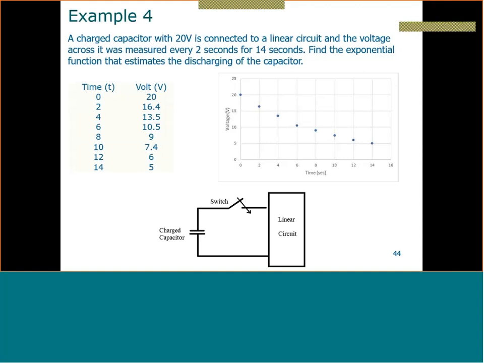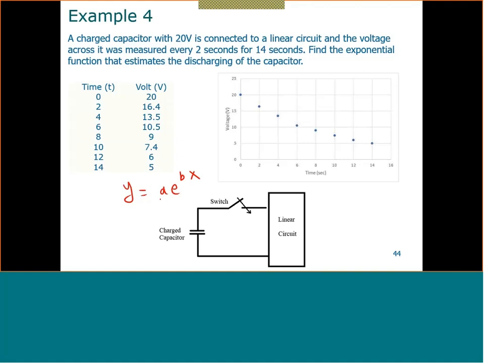Our model is a nonlinear model in the form of y equals a e to the power of b x. You will find later that b is negative; we will see this as we derive the formula.